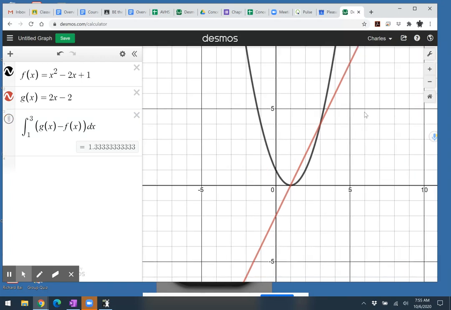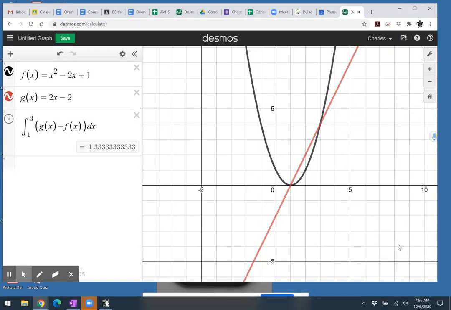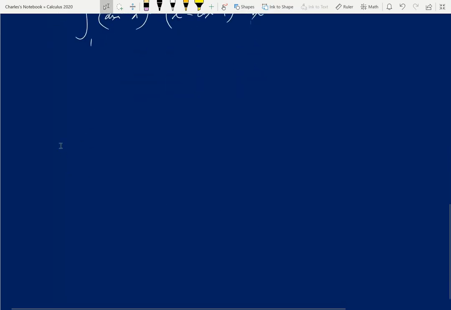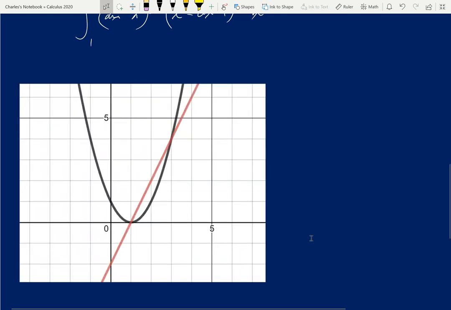But what I want to show you is that there's another way to calculate it that should give me the same values, if I can do it.